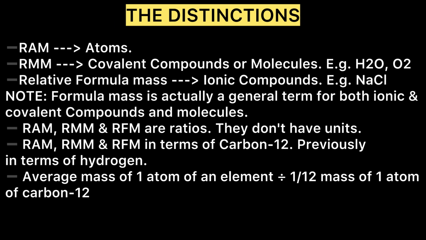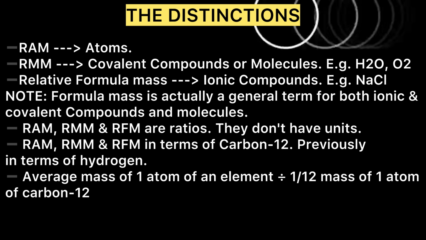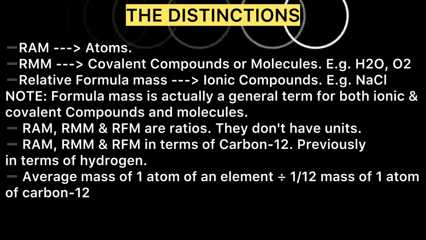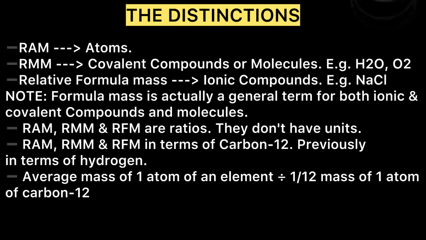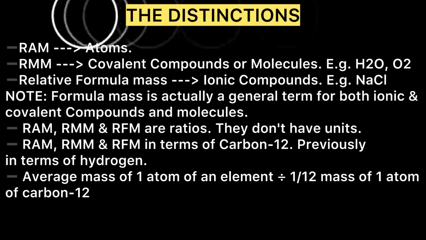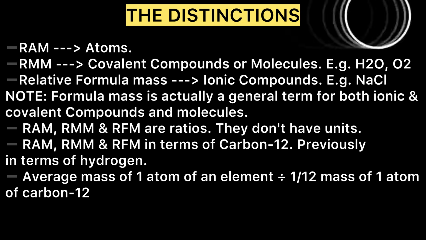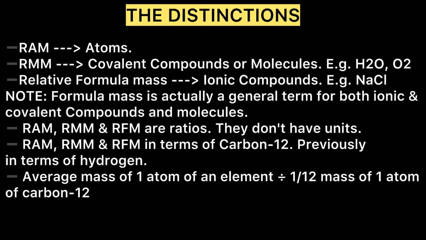Now, they can ask you a concept question and say that relative atomic mass and relative molecular mass were previously, in ancient times, represented in terms of dash. It's not carbon-12, it's in terms of hydrogen. But in current times, in modern chemistry, it is represented in terms of carbon-12. Please take note.